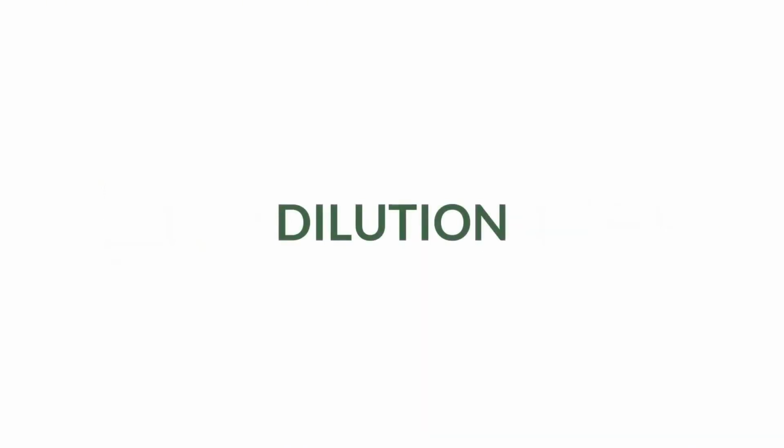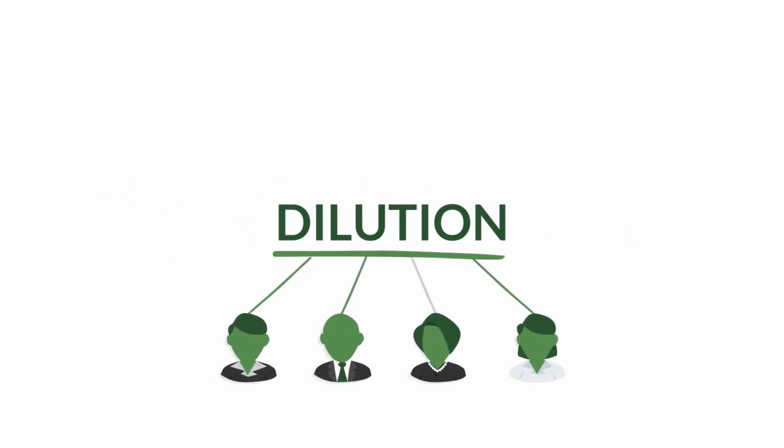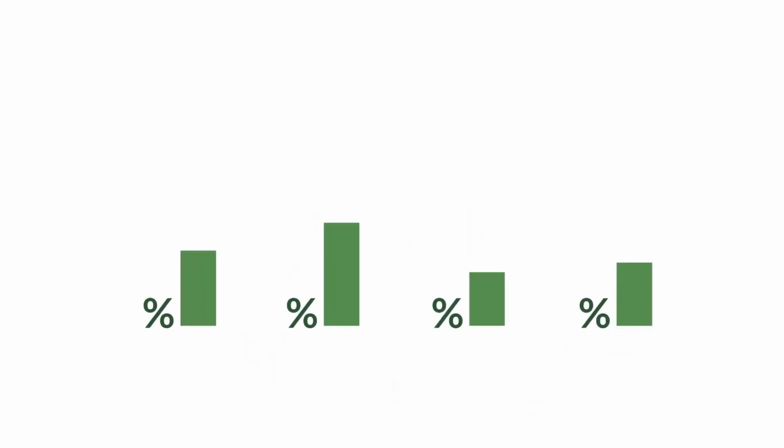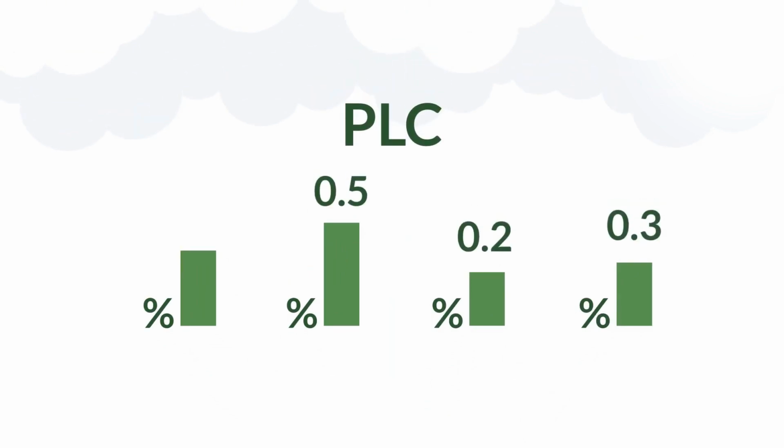As regards the question of dilution, the existing shareholders of the PLC have been diluted in percentage terms, but the value of their shares has gone up. Percentages are important in small businesses, but in the PLC world, the value of your shares is way more important.